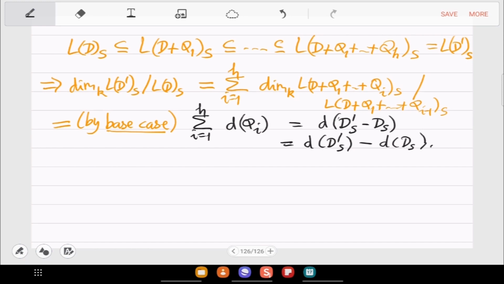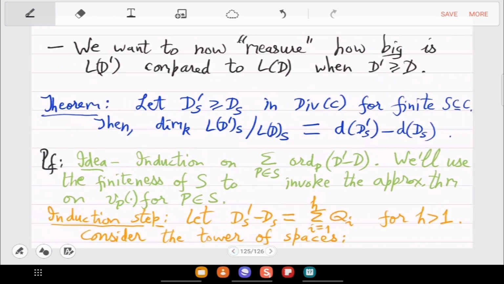So all we have to show is that in the first step, when you go from D to D plus Q1, the dimension growth is the degree of Q1. If we show that, then we are done with the theorem.